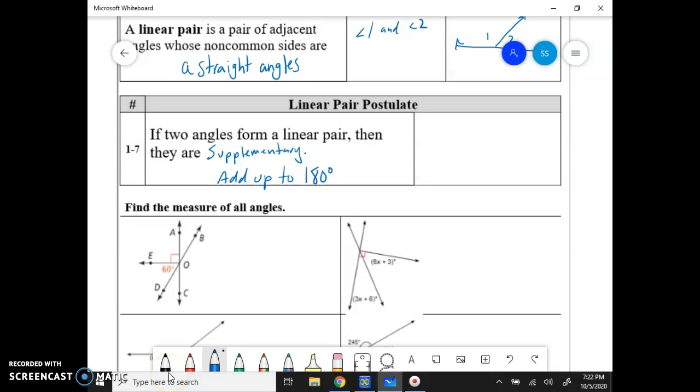So if we have a very similar drawing to the last one, with angles 1 and 2, what we're saying is that angle 1 plus angle 2 have to equal 180 degrees. That's pretty basic, but we're going to be using this to solve equations. So let's take a look at some examples of that.